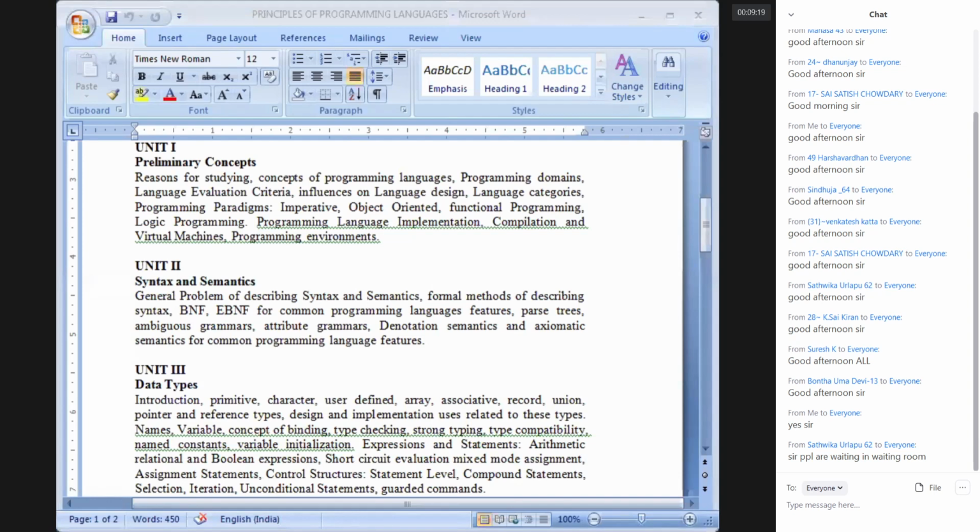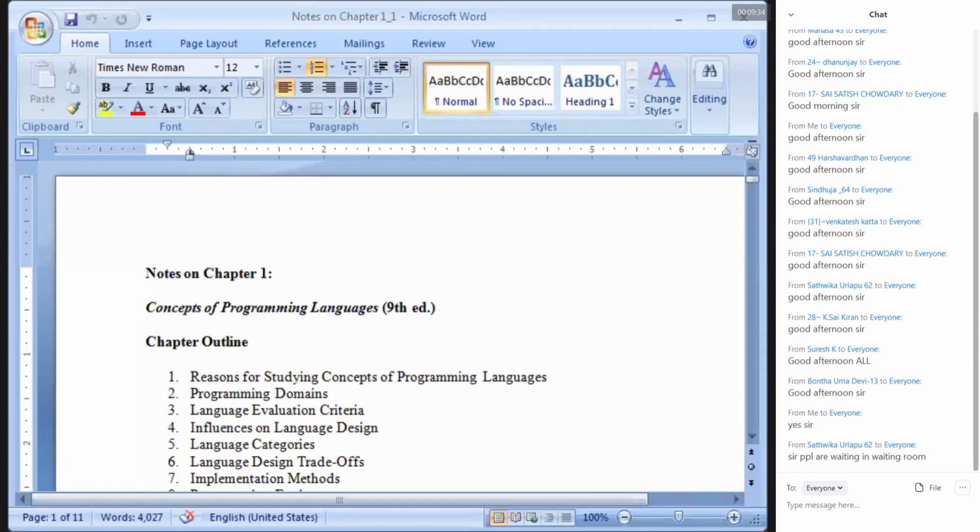There are reasons why we need to read programming languages.